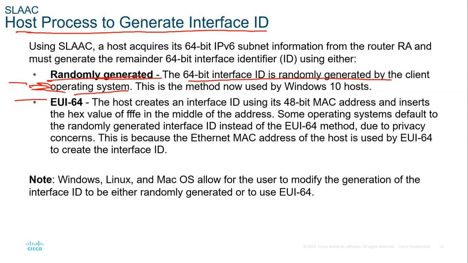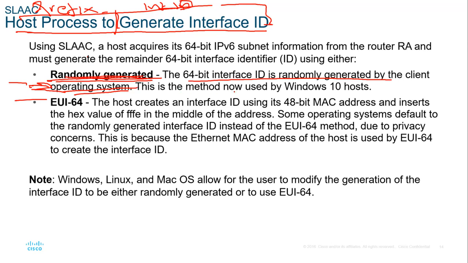But remember, an IPv6 address has two portions: we have the prefix and then we have the interface ID. The prefix is known, but the interface ID is the one that is auto-generated by the operating system.